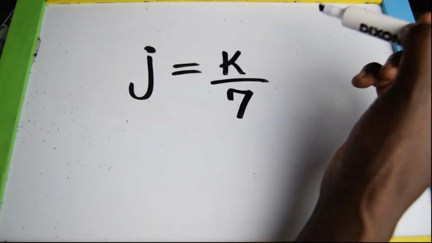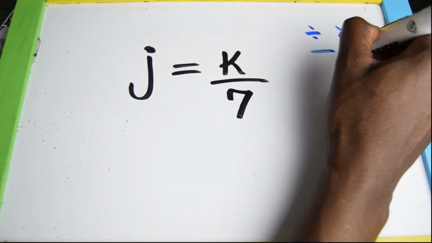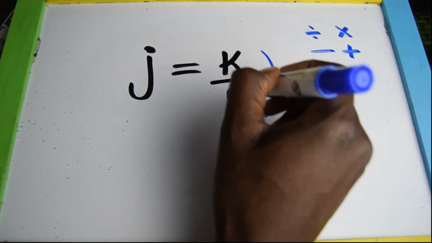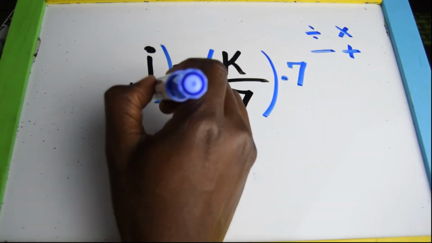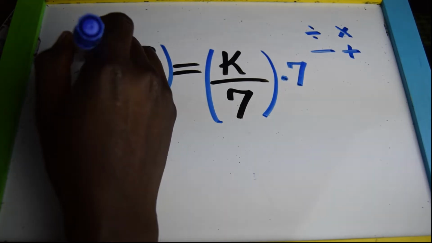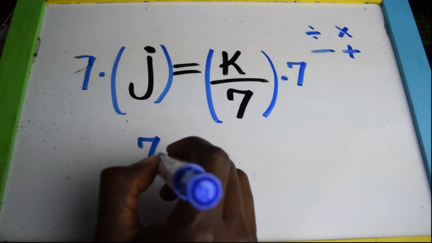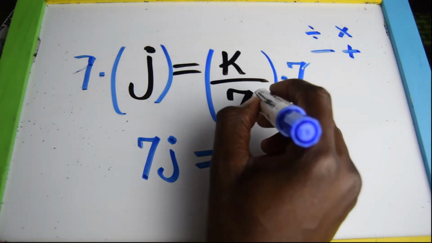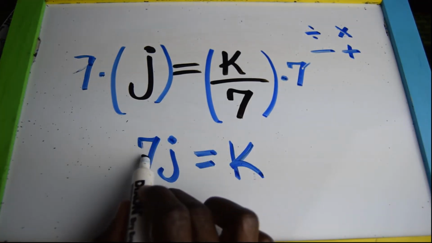Remember, division and multiplication, subtraction and addition. k is divided by 7, so the opposite operation is multiply by 7 here and multiply by 7 here. So j times 7 is 7j, equal, and this 7 will cancel with that 7, so you have k by itself. So k equals 7j.